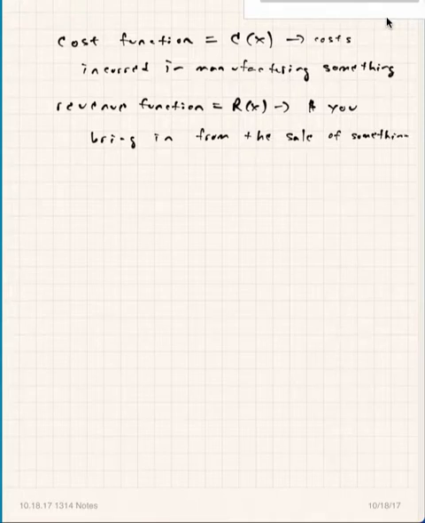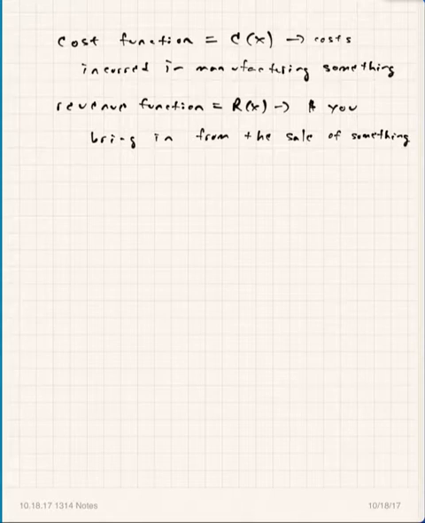So C of x are the costs involved in whatever you're trying to sell: the costs for manufacturing it, the costs for storing it, costs for insuring it, all those different things that come into play. The revenue is the money you've got coming in. So cost is the money you've got going out. Revenue is the money you've got coming in.